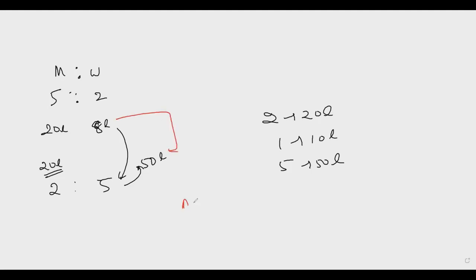What is the added amount? Water is now 50 liter, and we had 8 liter. So 50 minus 8, the answer is 42 liter. Okay, so that's it.